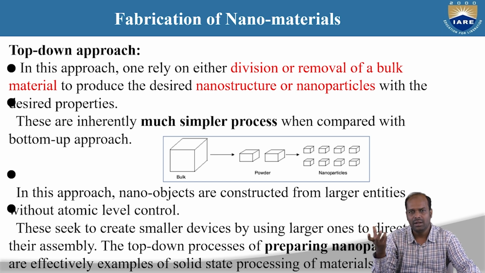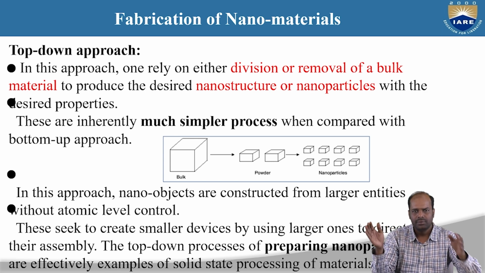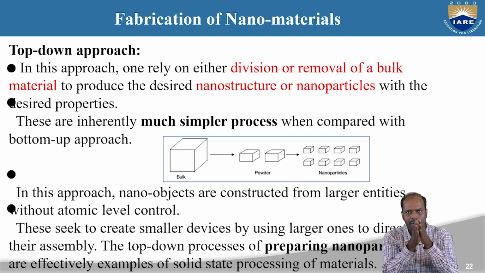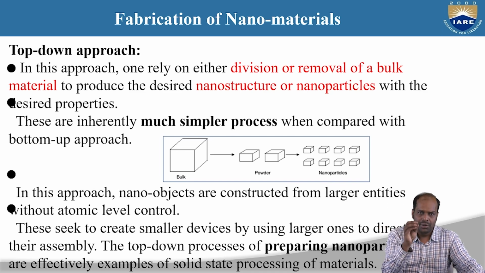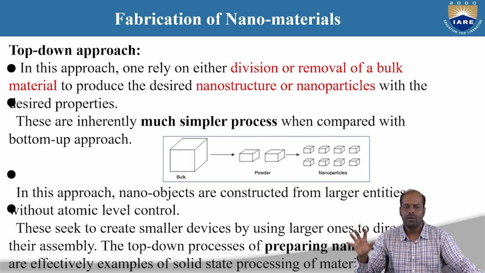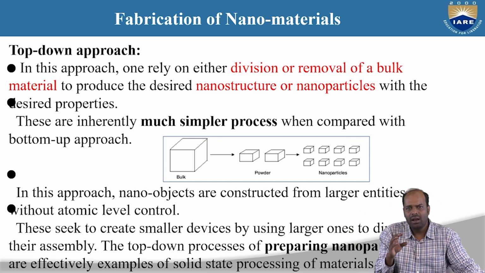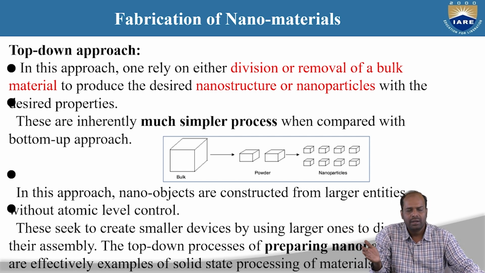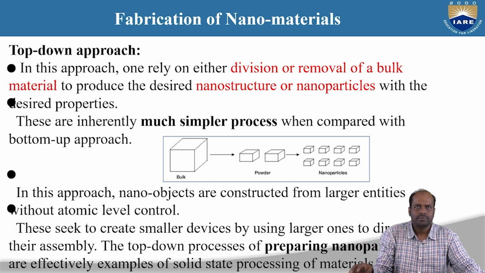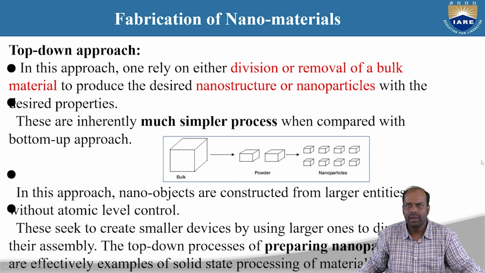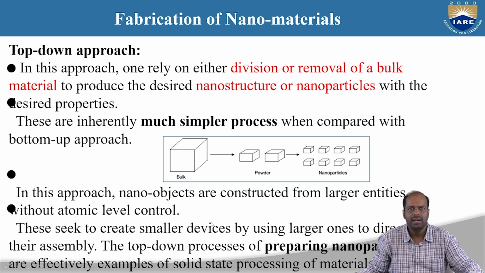Bulk is, for example, a larger piece of copper metal, which you make into a powder form, and that powder you make into nanoparticles. There are different kinds of techniques available for the top-down approach, and we will see those in later slides.